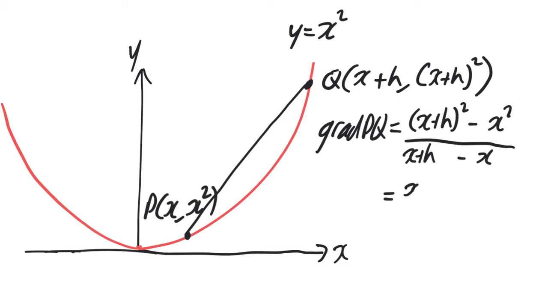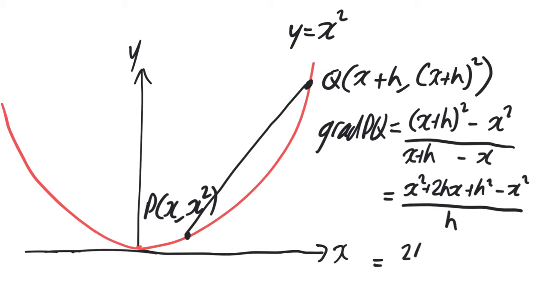Multiply out the top line, you're going to have x squared plus 2hx plus h squared minus x squared, and your bottom line, you've got x plus h minus x, which is just h. Again, we can tidy up your top line, which gives you 2hx plus h squared, all divided by h.